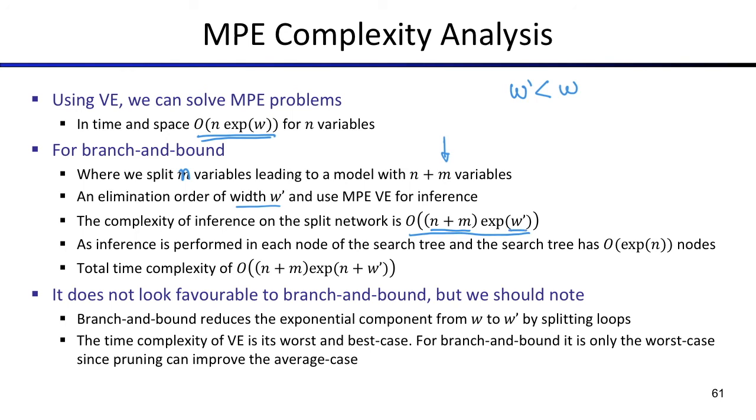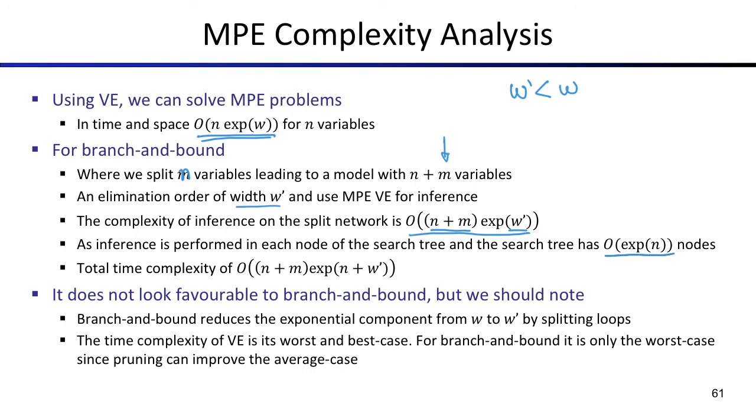Things become a little bit daunting when we look at the size of the search tree, because the search tree will have an exponential size in n. And for each node in the search tree, we have to compute this upper bound. It's not an upper bound that we compute just once.